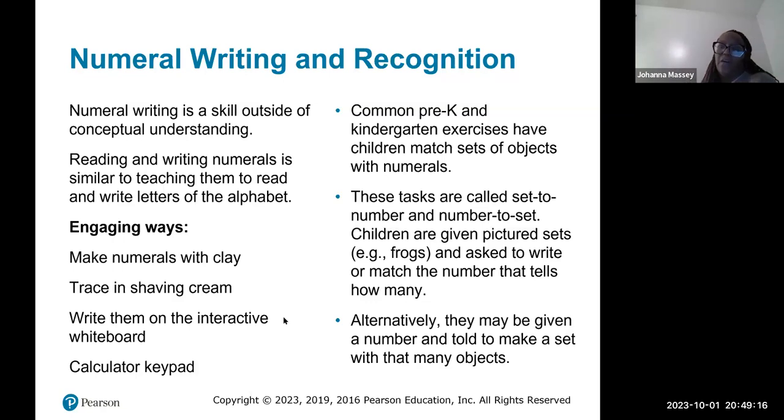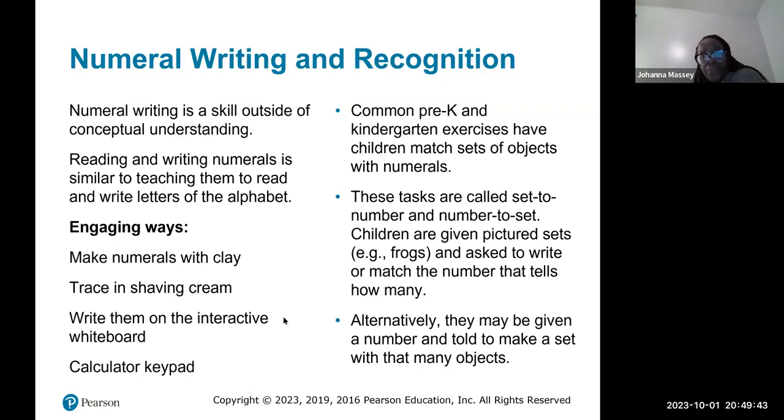Right. So that's something. These tasks are called set to number and number to set. Children are given picture sets and asked to write or match the number that tells how many. So I may give you a picture of, let's just say, frogs or footballs, and I say, okay, how many are there?